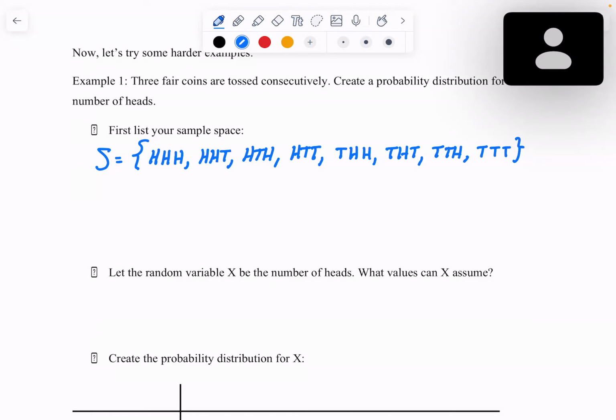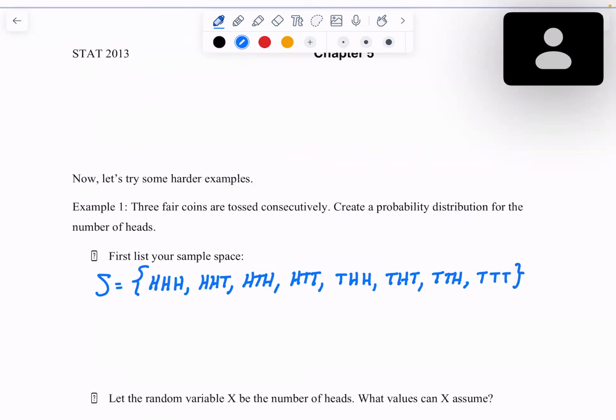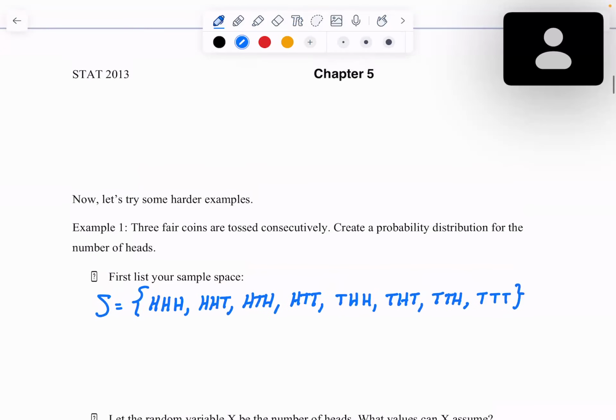Remember, I tried to hint at this a while back, but if you're doing something that only has 2 possibilities, like tossing a coin or doing true and false questions, then the number of outcomes in the sample space S is going to be 2 to the n power.